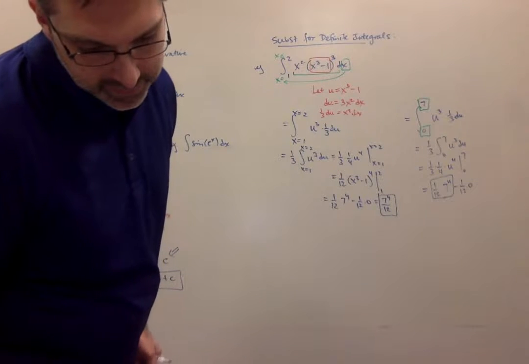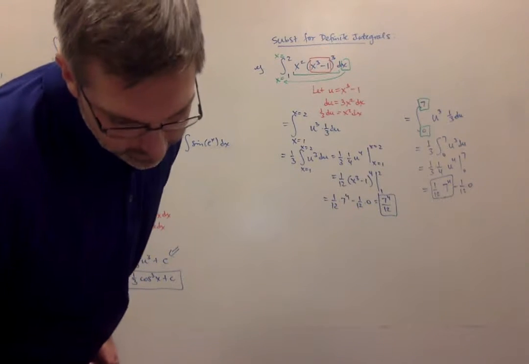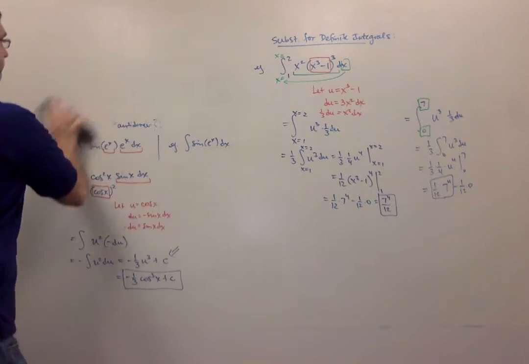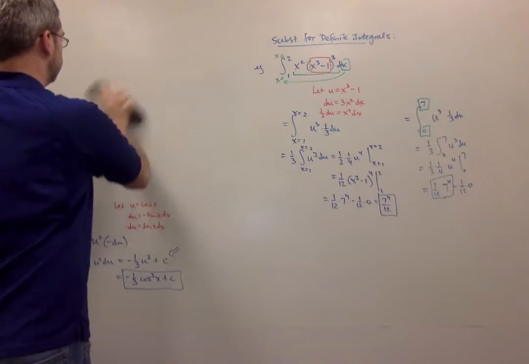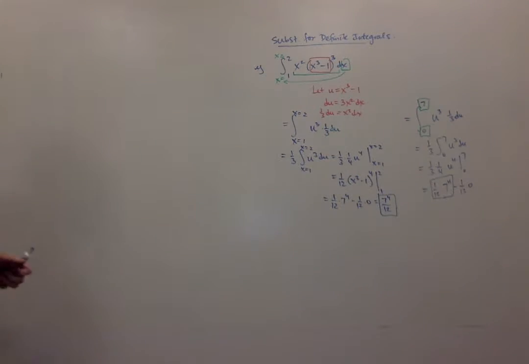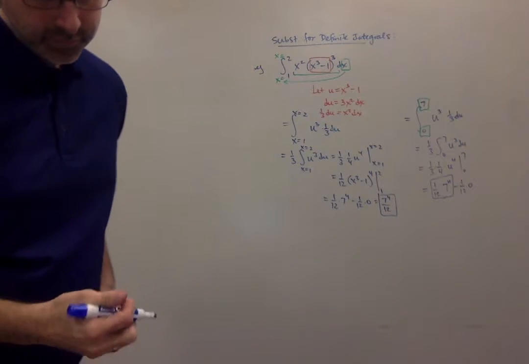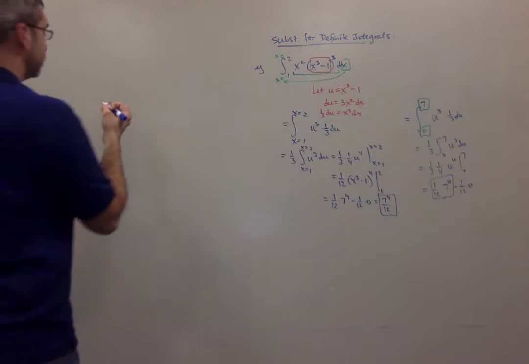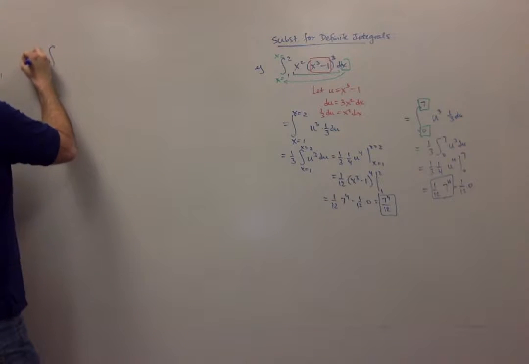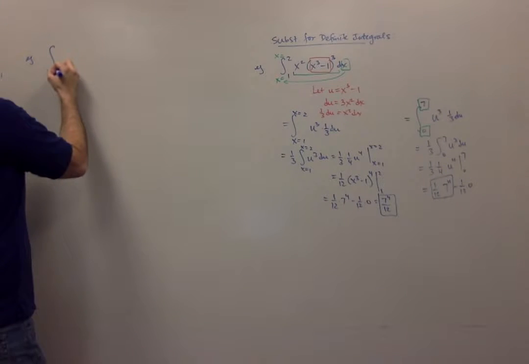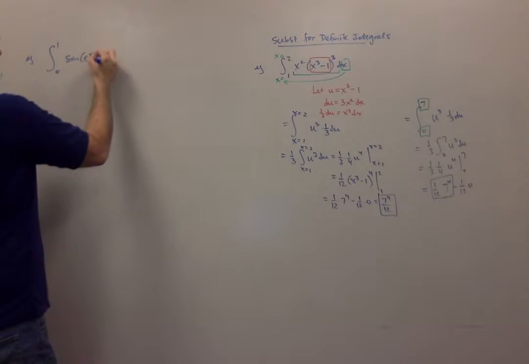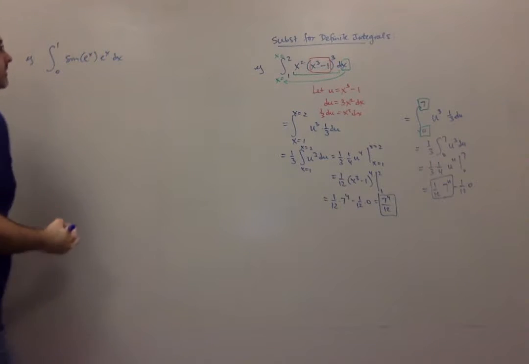All right, let's take a look at another example here. All right, let's do the antiderivative from 0 to 1 of sine of e to the x times e to the x dx.